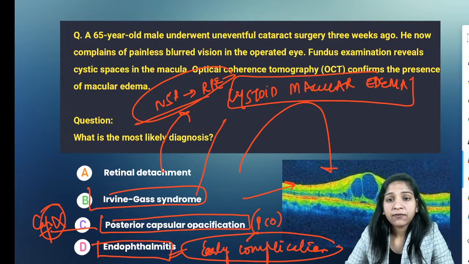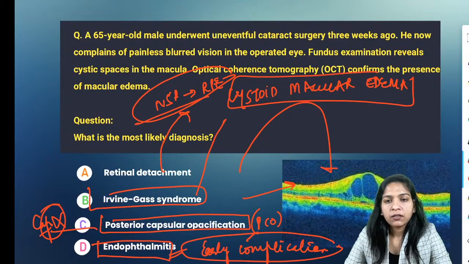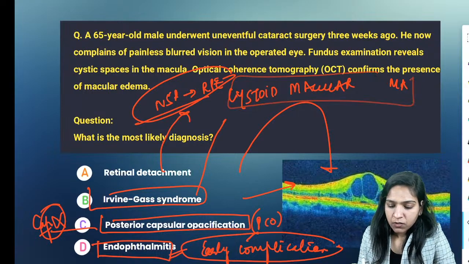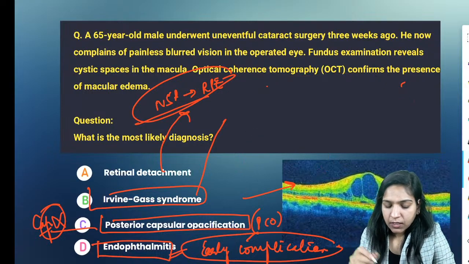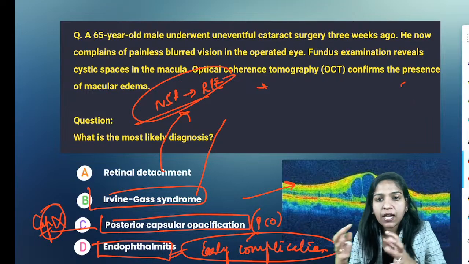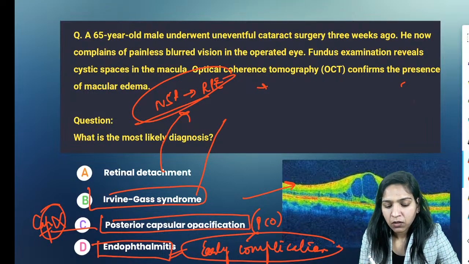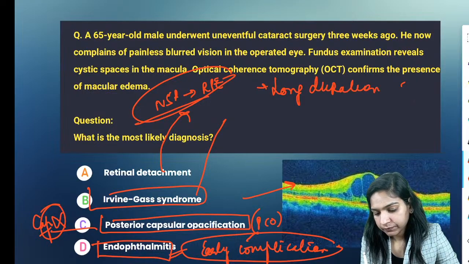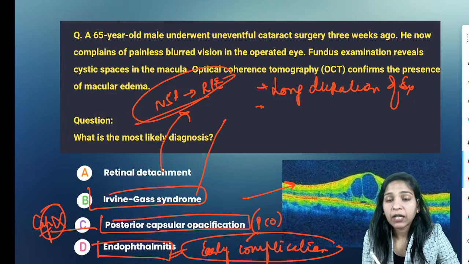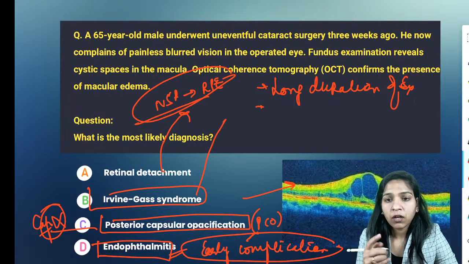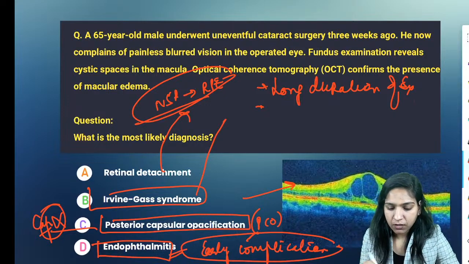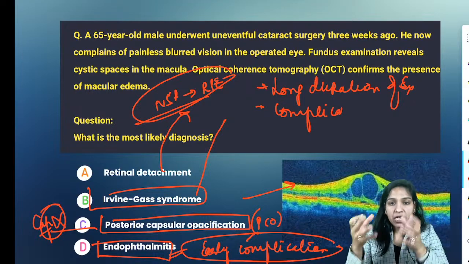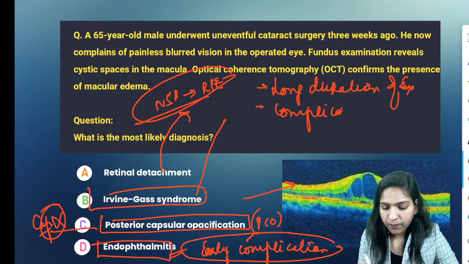Now, in which cases will you expect that cystoid macular edema can occur? Number one, cases in which the surgery has lasted for a very long time, long duration of surgery. Or there is a complication after cataract surgery, a complication intra-op or during the post-op.